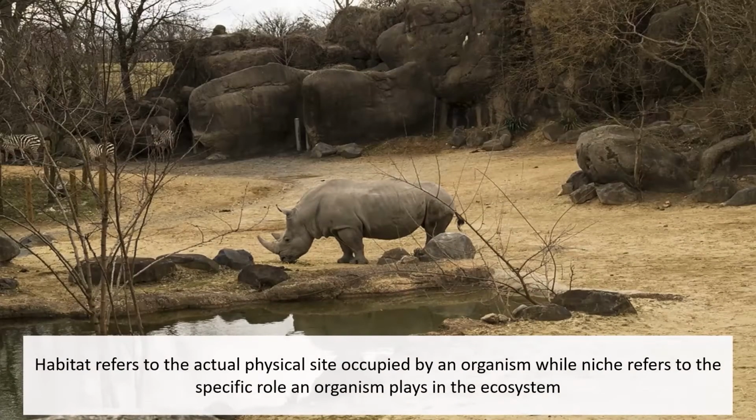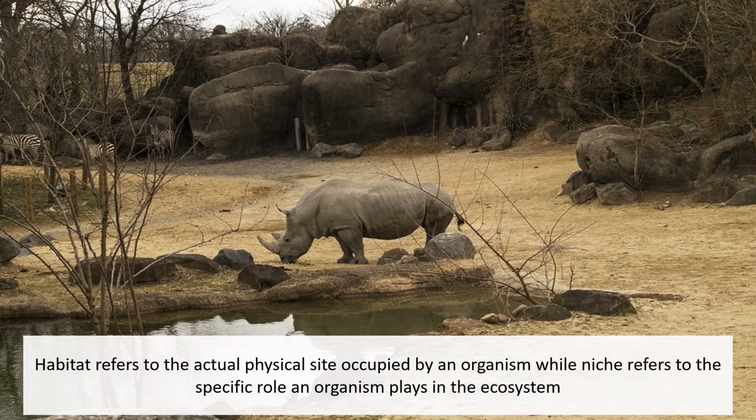Now, how do you define a habitat? You need to differentiate between a habitat and a niche. Habitat refers to the actual physical site occupied by an organism, while niche refers to the role an organism plays in the ecosystem.